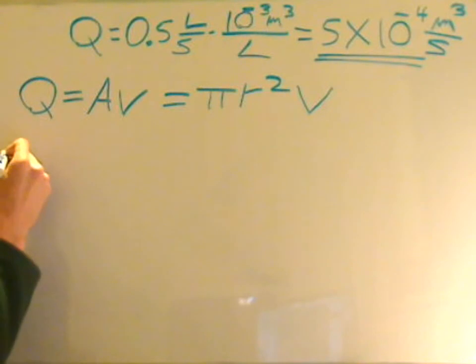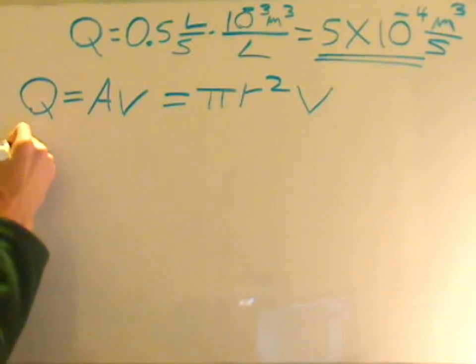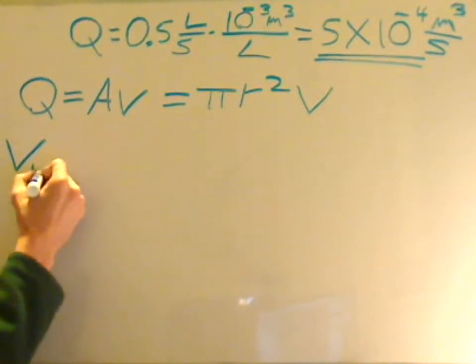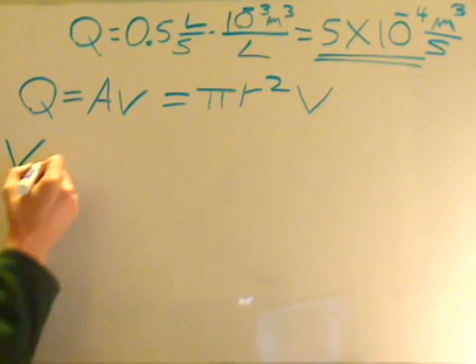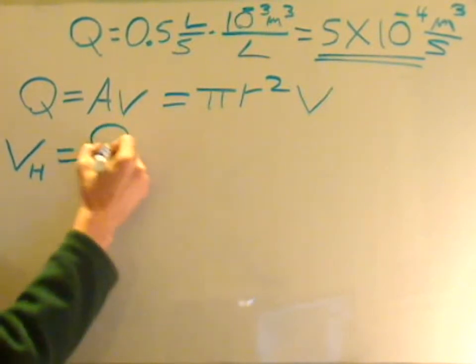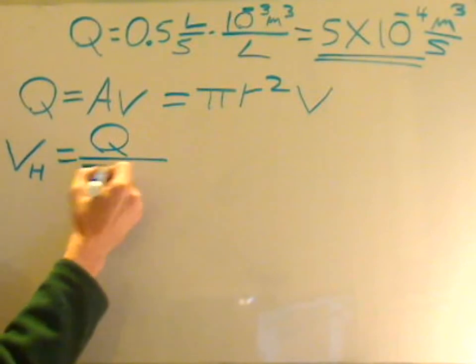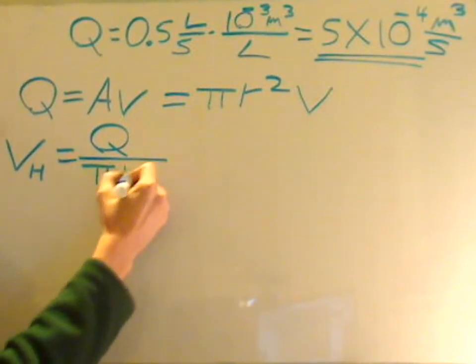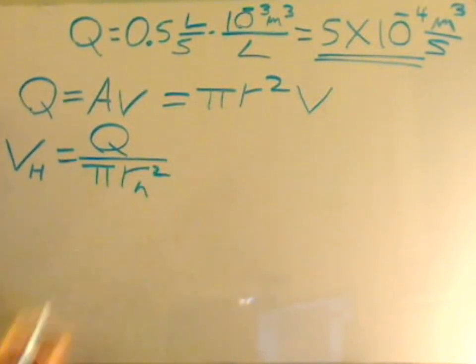So the velocity of the hose is the flow rate divided by pi radius of the hose squared.